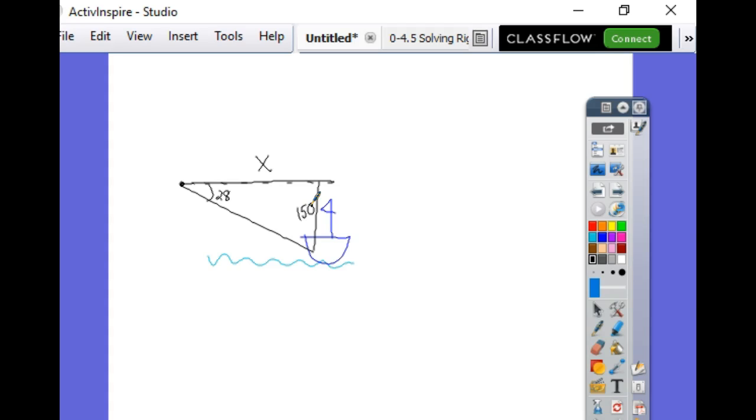I have 28, the 150, and the x. What is that? Opposite, right? So opposite and adjacent gives me the tangent. And cross multiply. It's the angle. The 28 is the opposite over the adjacent. That's tangent.